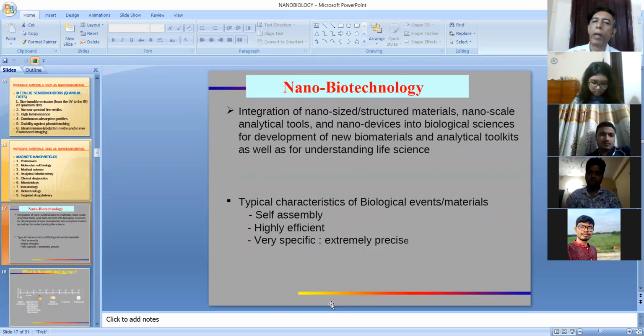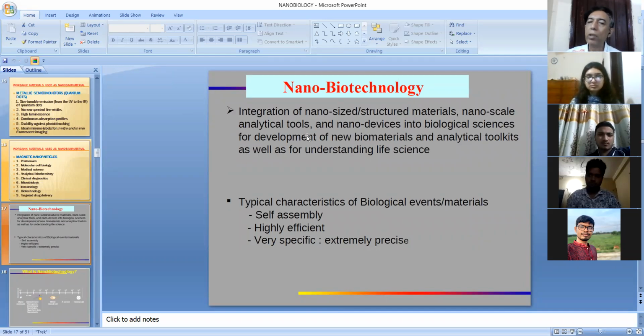Using nano-size or nanostructured materials or nanoscale analytical tools to do an analysis, or nano devices. What are the nano devices? We'll see it later.